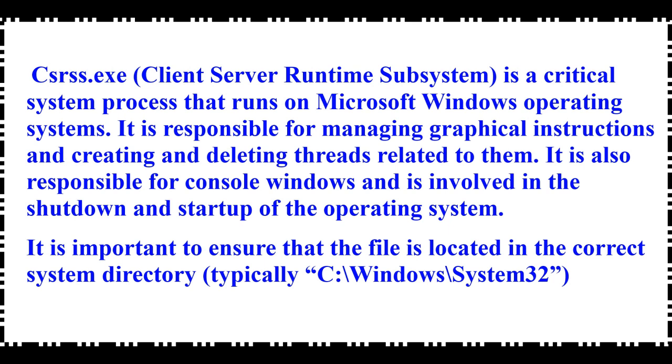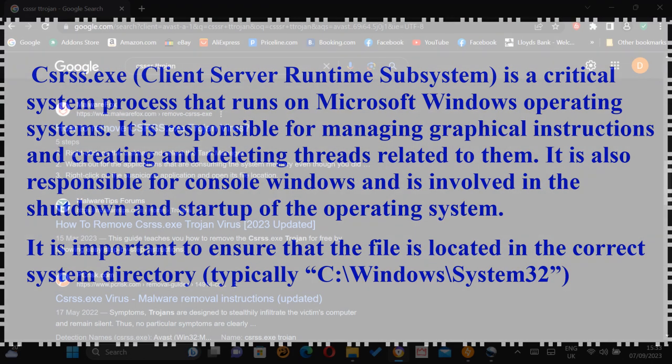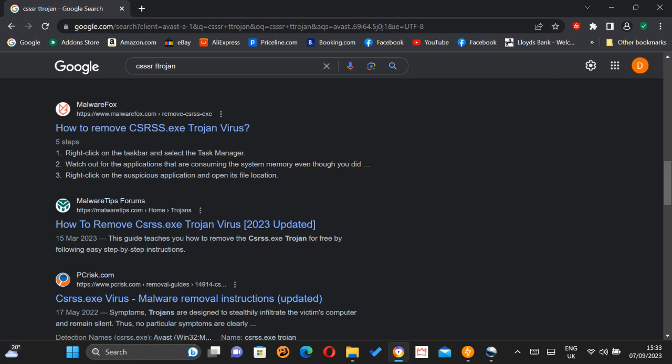I'll show you what exactly this file is. Type CSRSS.exe again, then give a space and type the letter T for Tango. It says Trojan process.